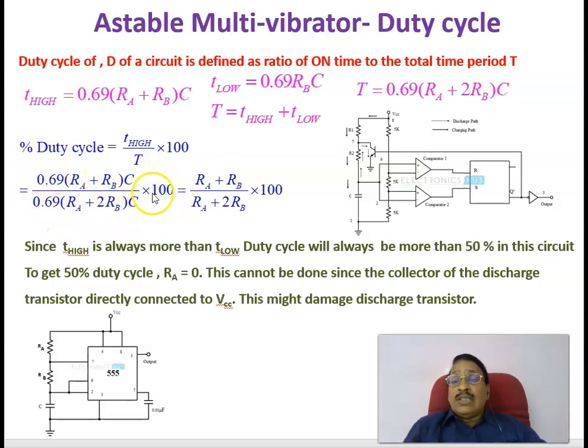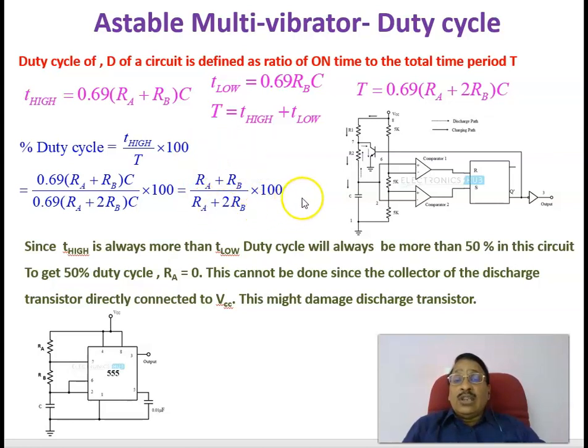Therefore, the percentage duty cycle is (RA plus RB) divided by (RA plus 2 RB) into 100. This is the duty cycle of this astable multivibrator, the ratio of T high to the total time period, or sometimes the on period divided by the total time period, expressed as a percentage.